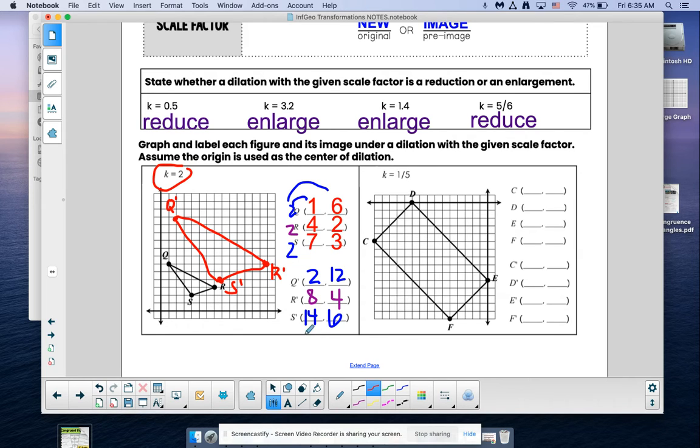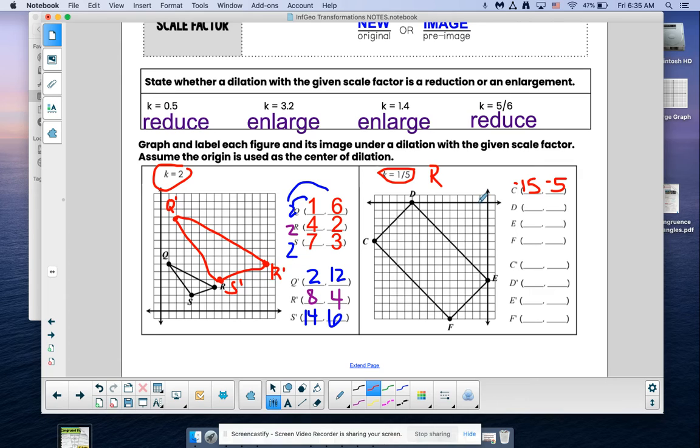All right, let's try another one. Our scale factor is 1/5, so it's going to be a reduction. It should be smaller. So let's go through and find our ordered pairs. C is at negative 15, negative 5.